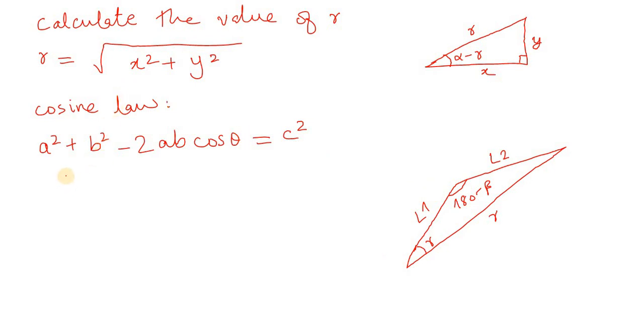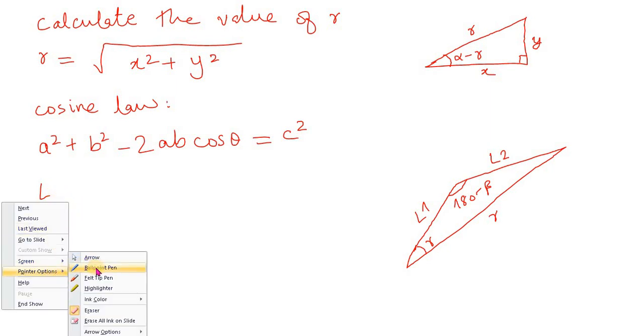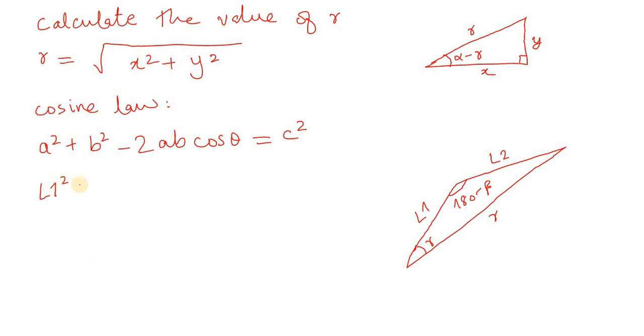If you apply your cosine law here, your A is actually your L1, so L1 square plus L2 square minus 2 L1 L2 cosine of 180 minus beta is equal to R square.